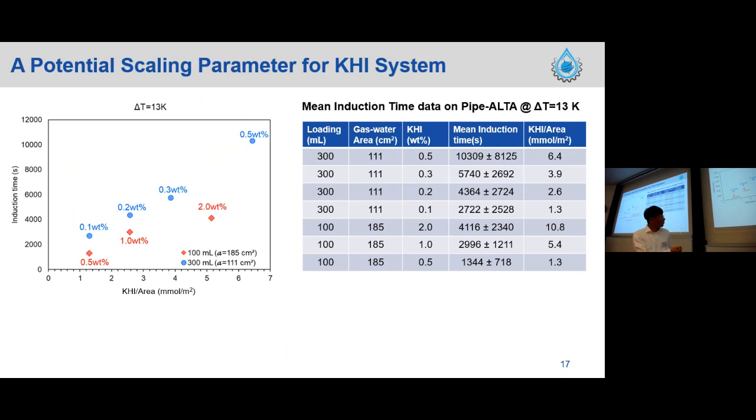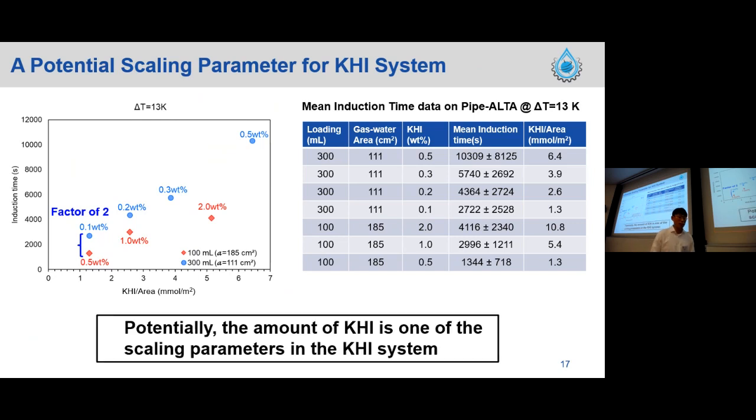And more interestingly, you have 0.18% of KHI in 300 ml that shares very similar moles of KHI per surface area, but the mean induction time is just double the previous point. This factor of 2 also coincides with the ratio of the gas-water interface area for these two liquid loadings.